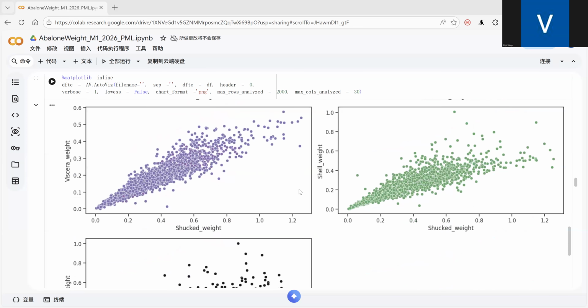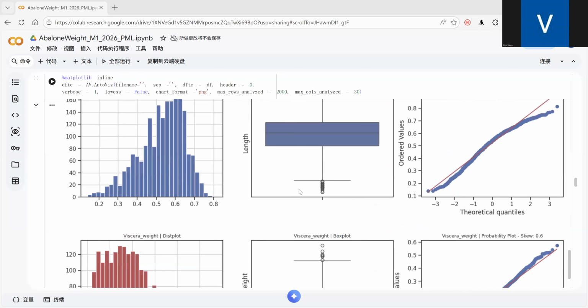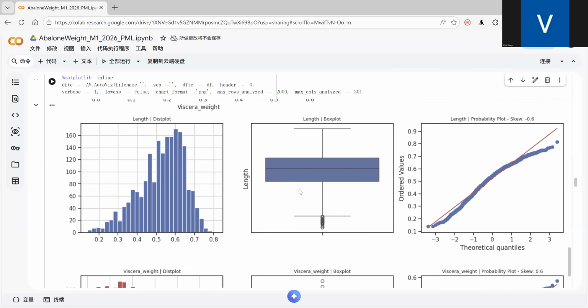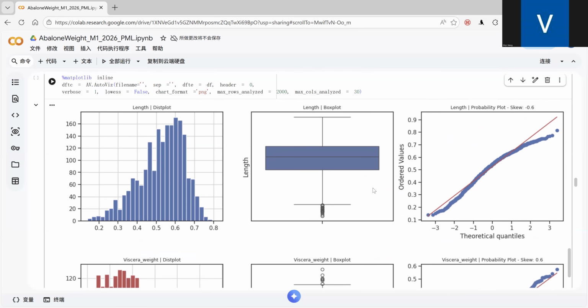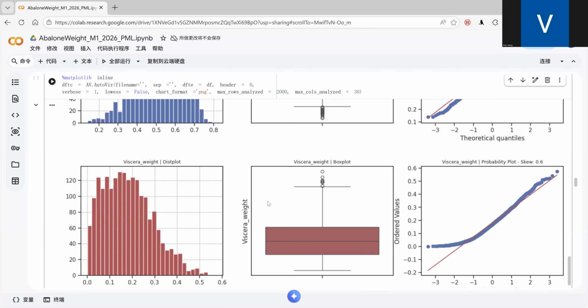It's very near linear. And let's go to the univariate triplets, like histogram, box plot, and KDE plot.